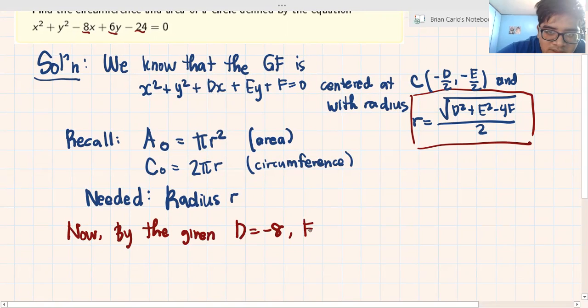E is equal to positive 6 because it is the coefficient of the y term. And F is equal to negative 24 because it is the constant term.